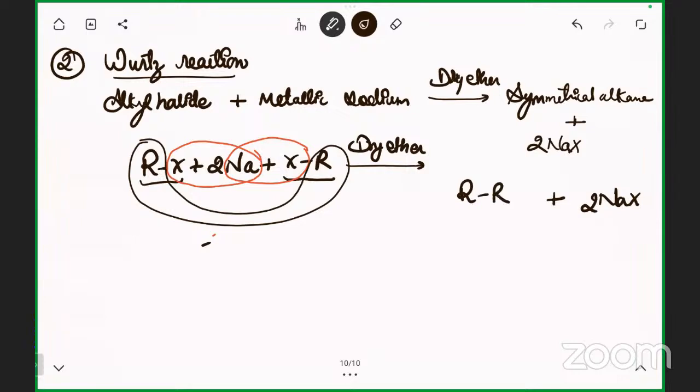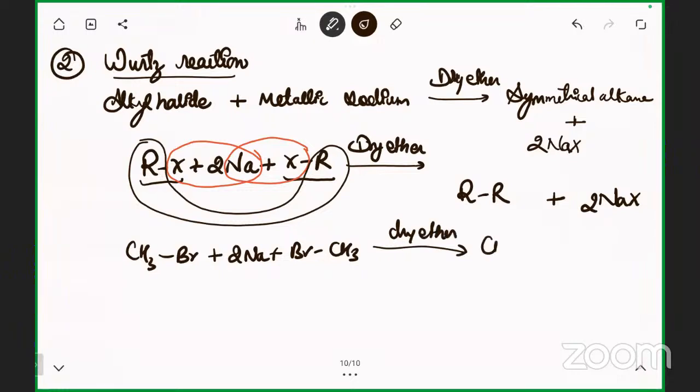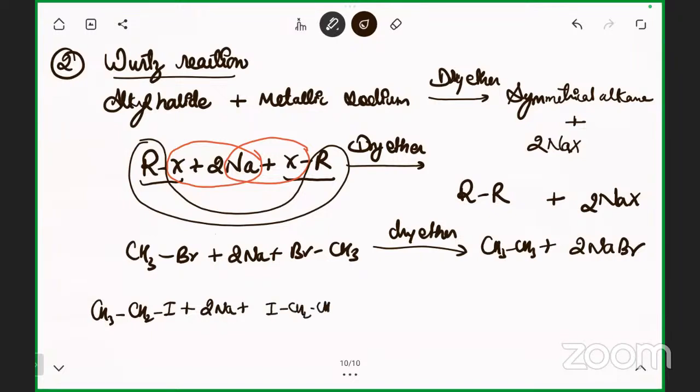So let's take an example. One example I will do, another example you will do. CH3Br plus 2Na plus BrCH3, in the presence of dry ether, form CH3-CH3 plus 2NaBr. Now your reaction is CH3CH2I plus 2Na plus ICH2CH3 in the presence of dry ether.